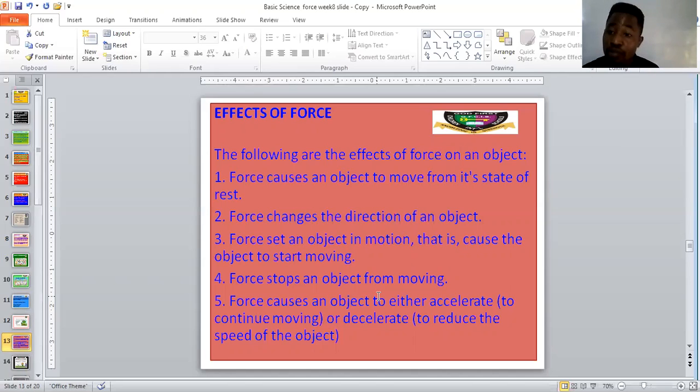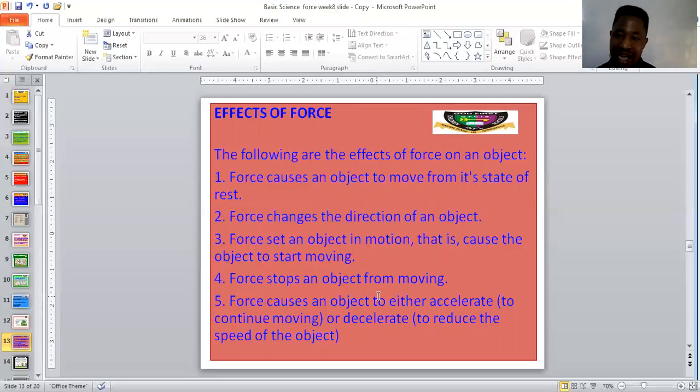But if someone now comes in between you, and kicks the ball in an opposite direction, the ball is not going to go in the forward and backward direction again. It's going to go in the opposite direction that he has kicked the ball.